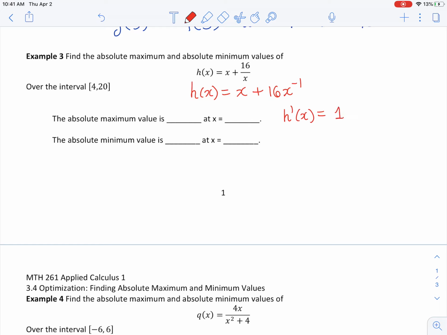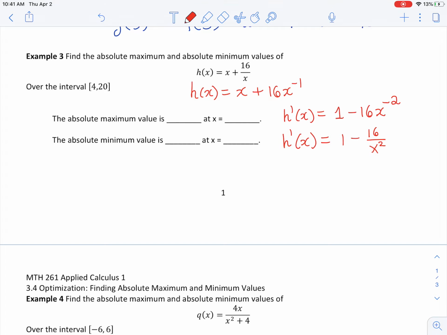And then let's take the derivative of this. What is h prime of x? That will be 1 minus 16 x to the negative second power, right? So h prime of x is equal to 1 minus 16 over x squared.